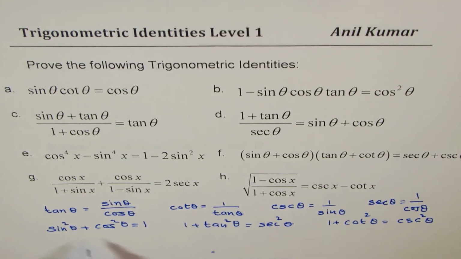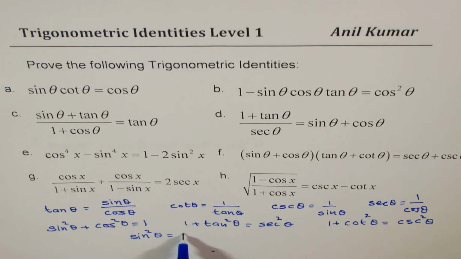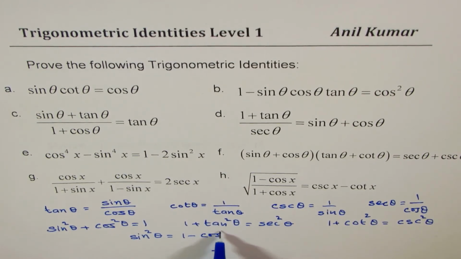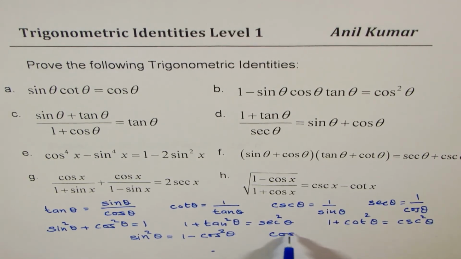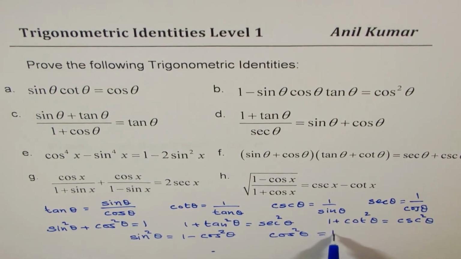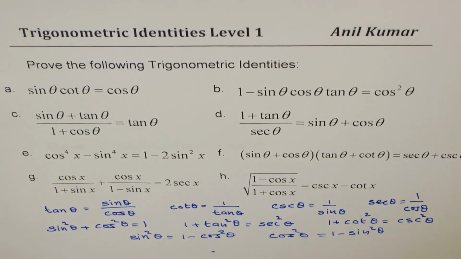Now these formulas can be written or arranged in different ways. For example, instead of 1 you can write sine square theta plus cos square theta. You would also use a formula like sine square theta equals 1 minus cosine square theta, that is taking cosine on the right side, or you can say cos square theta equals 1 minus sine square theta, correct? So these will help you to solve all these questions.